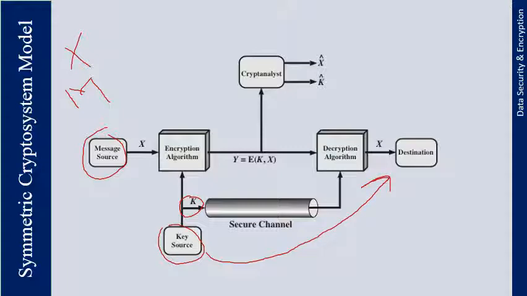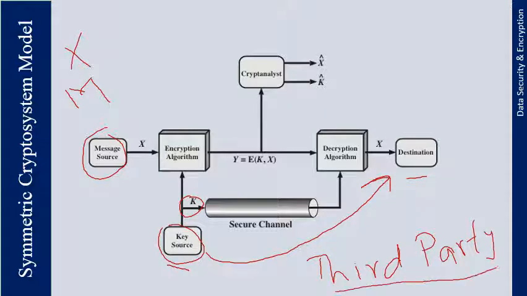So there are both possibilities. You can generate the key at the source and transfer it to the destination, or you can use a third party that generates the key and shares it between the sender and the receiver. In that case, the responsibility of transmission depends on the third party.